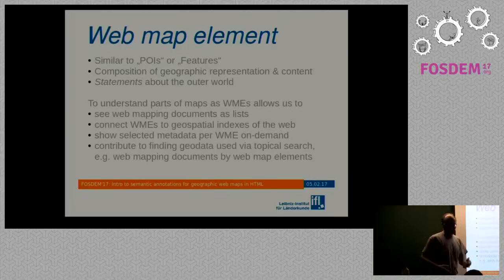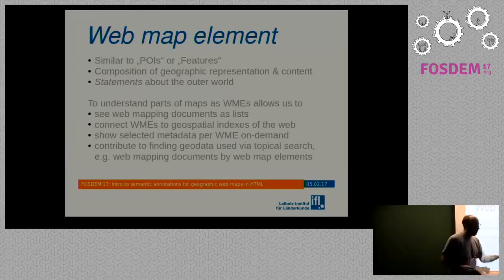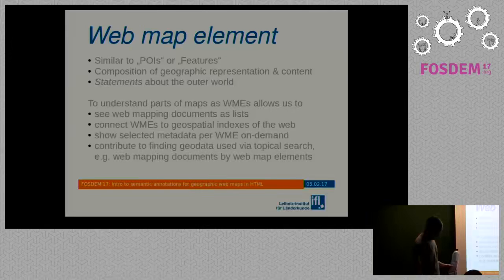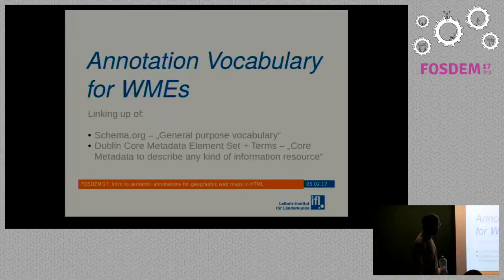And maybe, which I have no evidence for yet, but theoretically, these kind of maps should be indexed by major search engines. And we could actually find maps through a topical description of one element. Like we can see what kind of geodata someone used to represent this content in which map, right? So it makes them open up for public research.